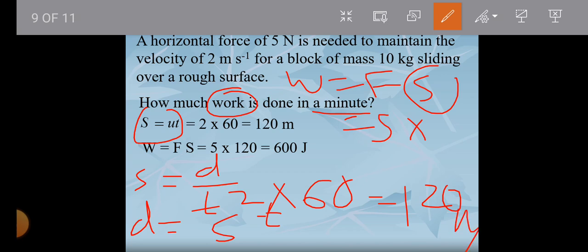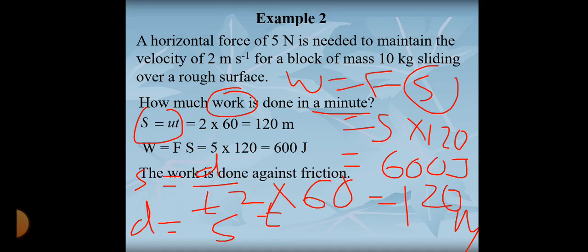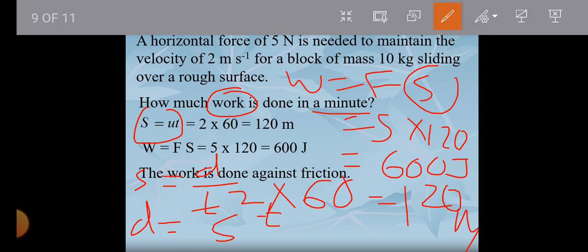Then we're going to say work is force times distance, which is 5 times 120, which is going to be 600 joules, or divide by 1,000 to get to kilojoules. The work is done against friction, because we say that it's sliding over a rough surface.